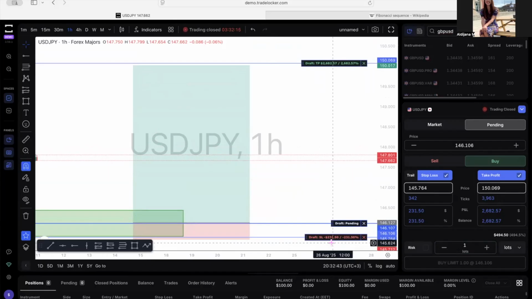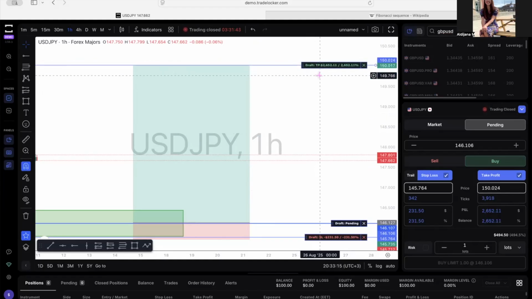But if you had $1,000 in this account and you traded a 1.0, you're going to either lose $231 or gain $2,682. My bad. This is quite a good job. I regret I didn't start it earlier.